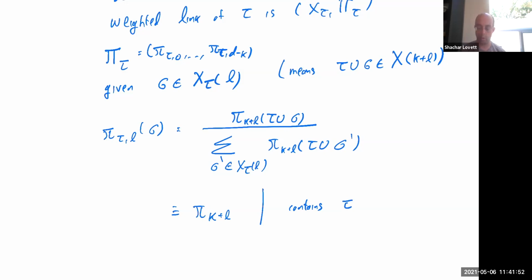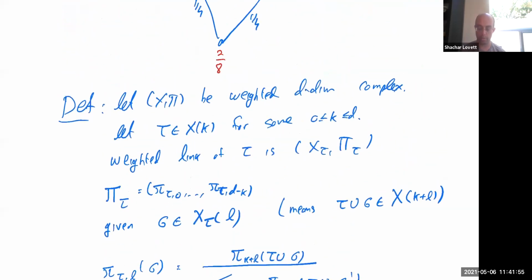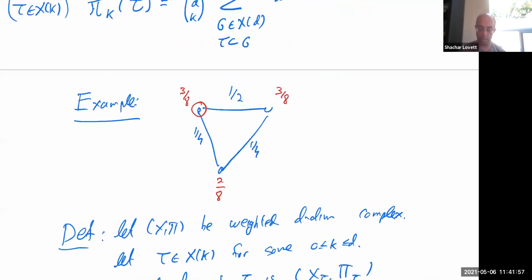So again, let's just look at this graph example that we had before. If I look at this link here, it sees two faces, right? This is tau, then X_tau(1) contains these points, let's call them A and B. A, B, C contains A and B. And what's going to be the probability?